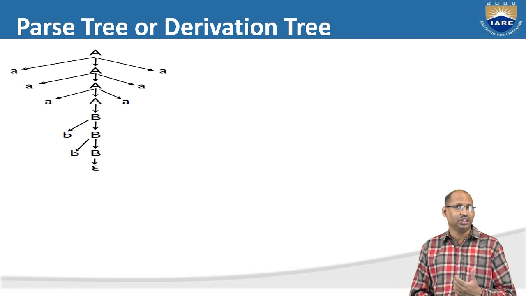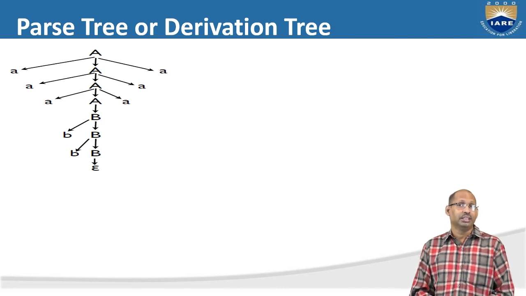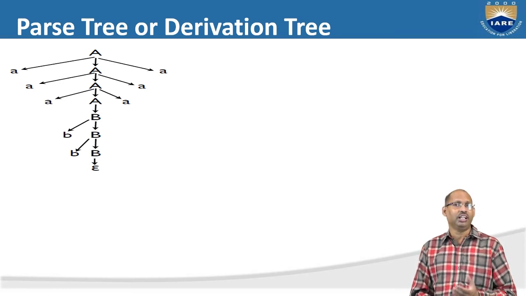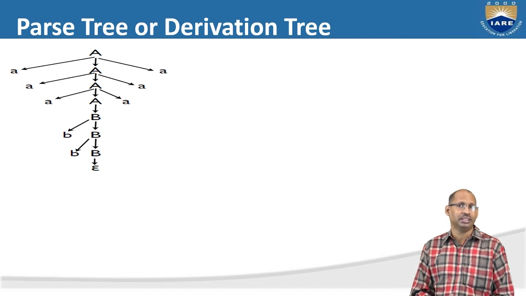In the previous derivation example, we replace S with the second production, then S is replaced with our third production, small b, capital B. Once again, we use the third production, right? Small b, capital B. Then finally, we apply the fourth production, B gives null string. So here, which represents 3 A's, 2 B's followed by 3 A's, right?